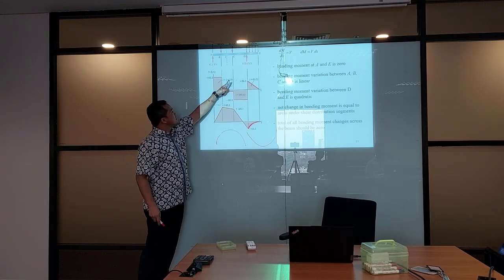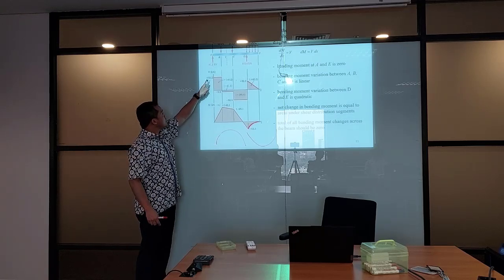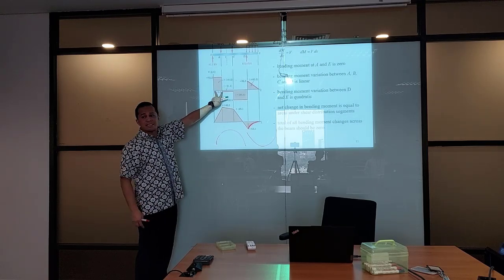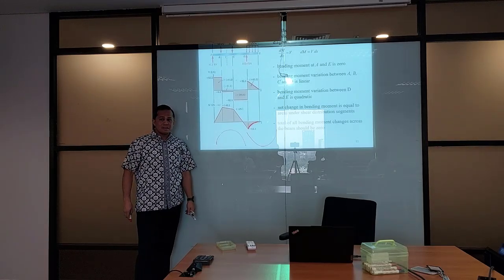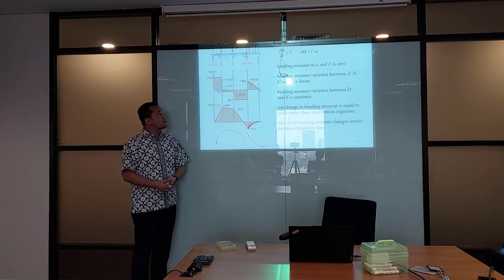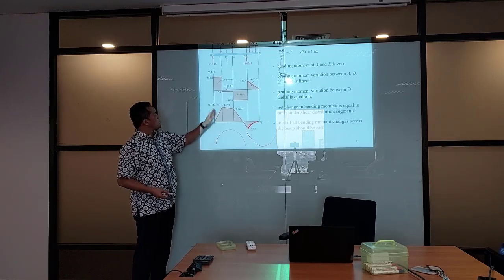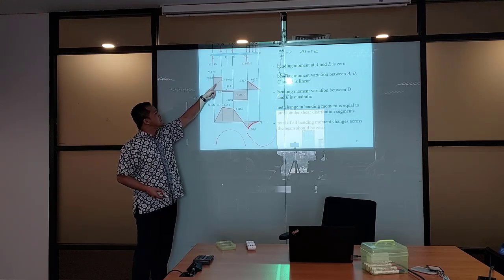Because 146.2 is the result of multiplying 81.2 times the distance, which is the bending moment itself. If you're standing at B, you look at 81.2, which has a distance of 1.8. Therefore, the bending moment generated at B because of this number is this one.